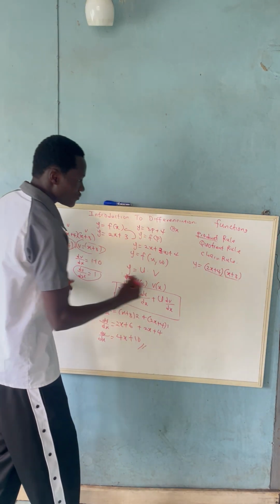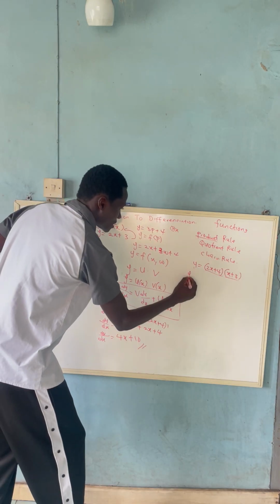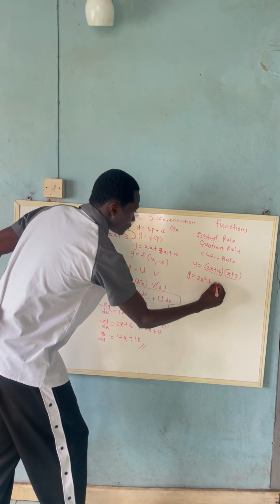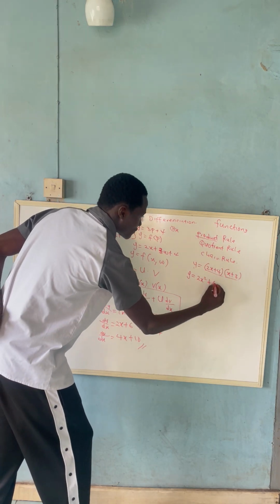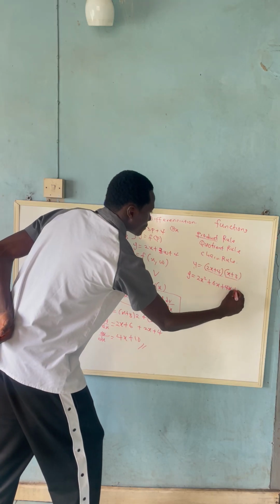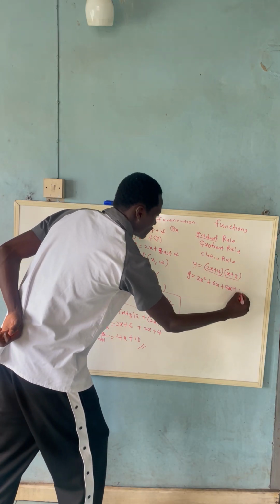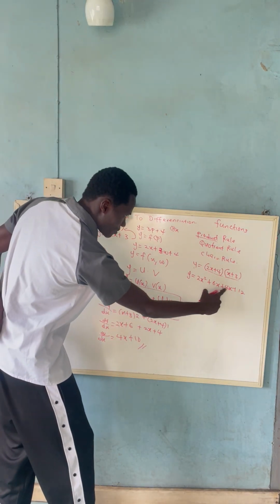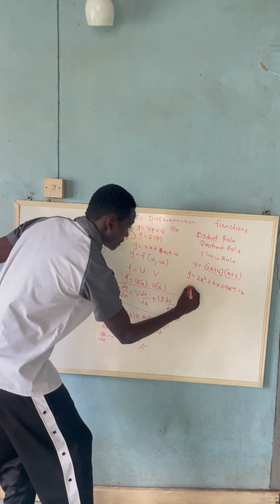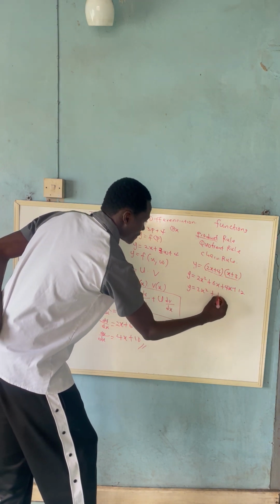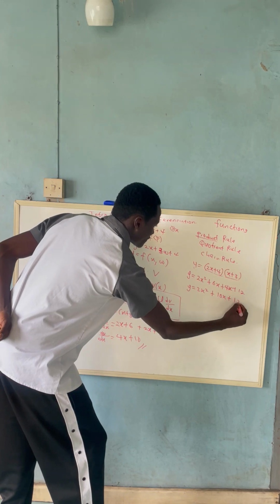So we are going to use the algebraic method to expand the bracket here. 2x times x, that will give us 2x squared, plus 2x times 3, that will give us 6x, plus 4 times x, that will give us 4x, plus 4 times 3 is going to give us 12. So now, we can add 6x plus 4x together, that will give us 10x. We have y equals 2x squared plus 10x plus 12.